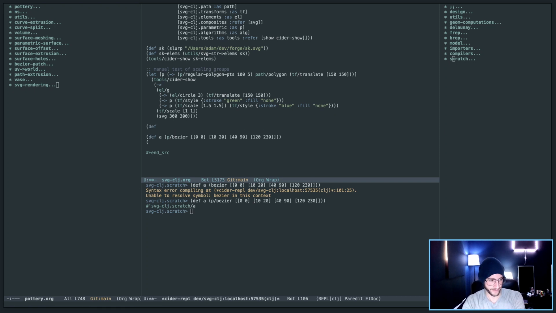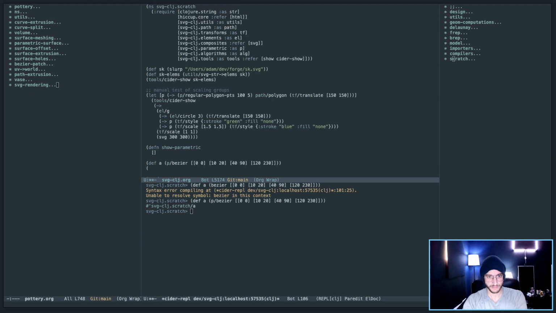Let's defn show-parametric-curve. F is just going to be tools. Well, first of all, let's just do let points be map F over range 0 to 1. Let's do 100 points as a useful amount of points, really.